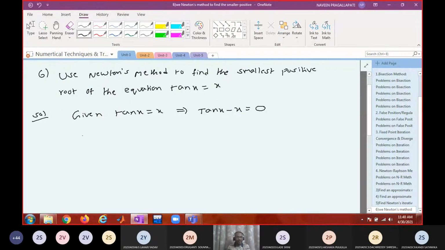Okay, x values and f of x values. You may give some values like this: 0, pi by 4, and pi by 2 will be infinity, right? And 3 pi by 4, something like this.